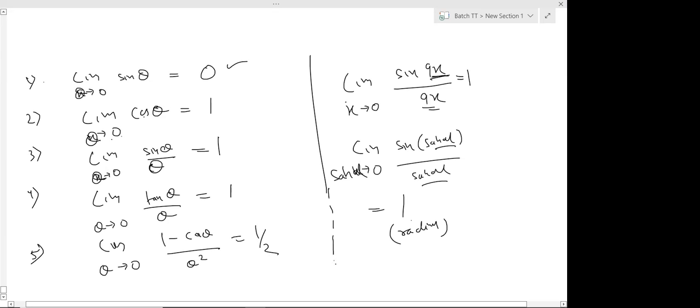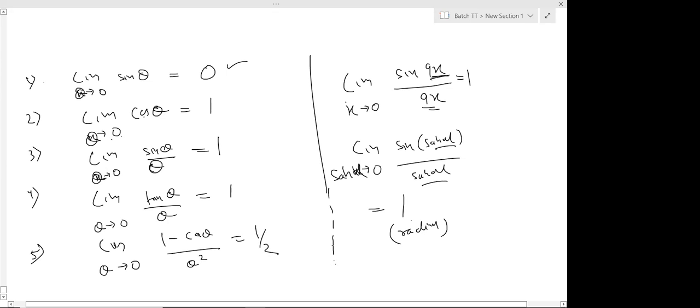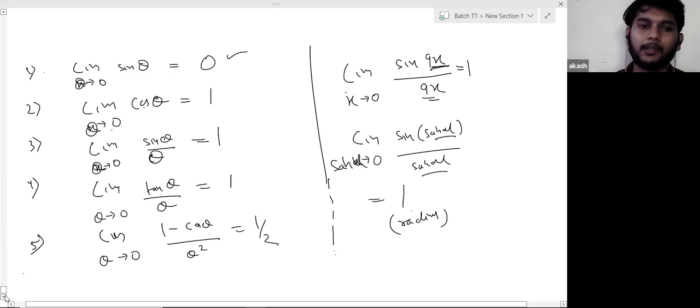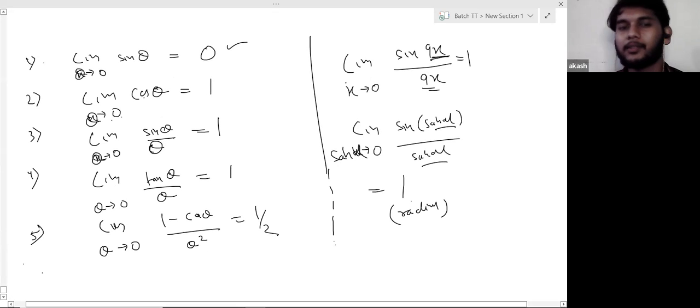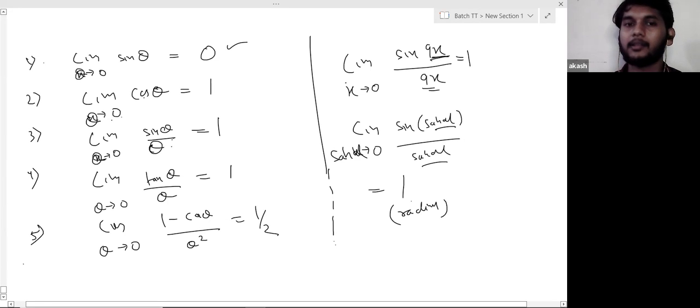Sir, how does it make a difference, radians or degrees? See, somebody invented this, right? I do not know who, but they actually calculated this limit, and it is true for radians.